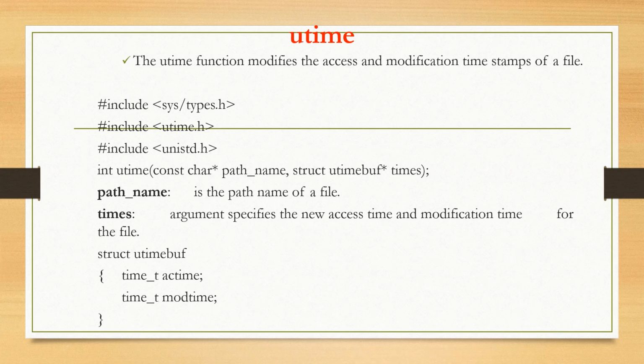The first is the path name of the file. The second, times, specifies the new access time and modification time for the file. The structure utimbuf contains two variables: access time and modification time.